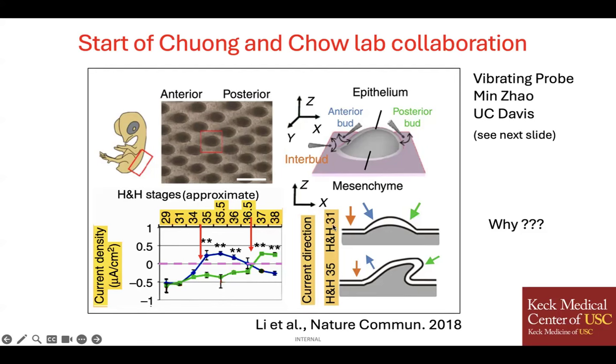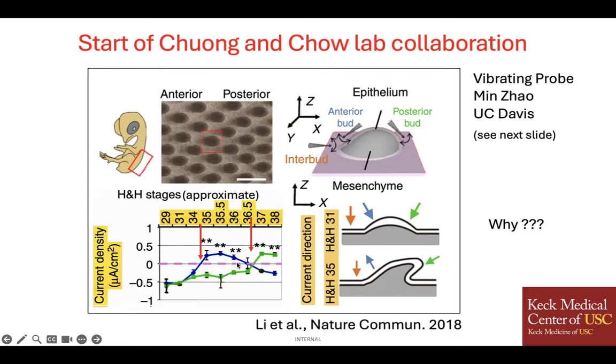And in this case, as I'll emphasize, we've chosen to illustrate the currents at two really distinctive stages, H&H 31 and H&H 35. And in the graph to the left, what is depicted is how the current direction and amplitude changes as a function of time.